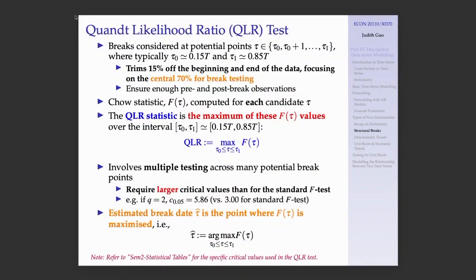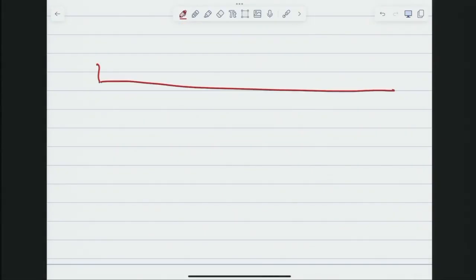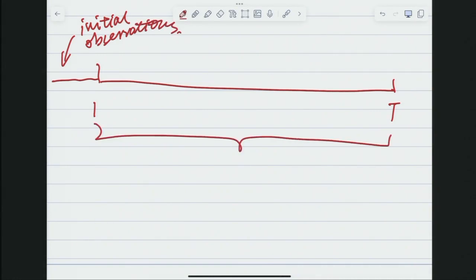So basically, the idea is that we'll consider an interval for some potential breakpoints. Imagine this is our full sample, from 1 to capital T, and we also have some initial observations, but the effective sample size is from 1 to capital T. It's impossible to search for the potential breakpoint over the entire sample, because that would result in biased breakpoint identification.